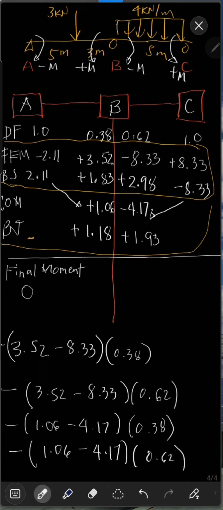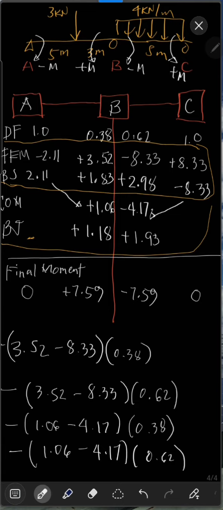Adding up 3.52 plus 1.83 plus 1.06 plus 1.18 for B towards A, we have positive 7.59. Then negative 8.33 plus 2.98 minus 4.17 plus 1.93, we have a negative 7.59. Then positive 8.33 minus 8.33, we have 0.